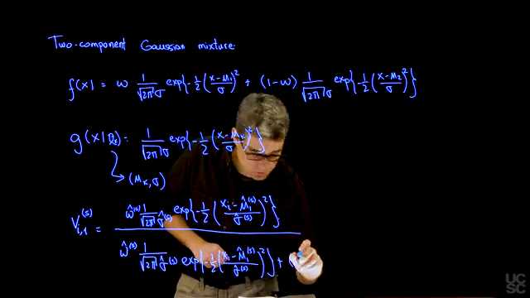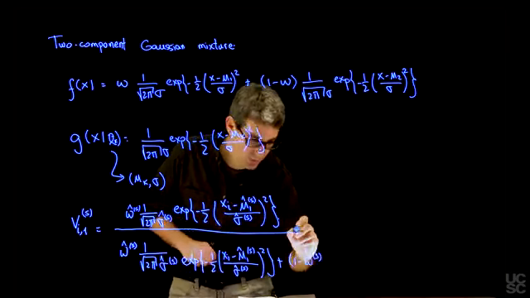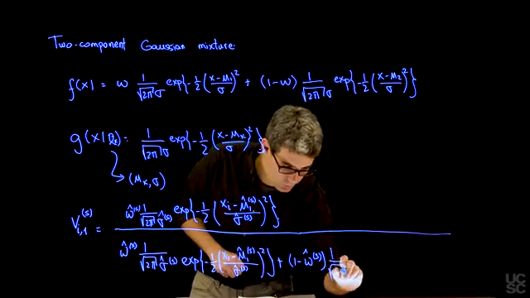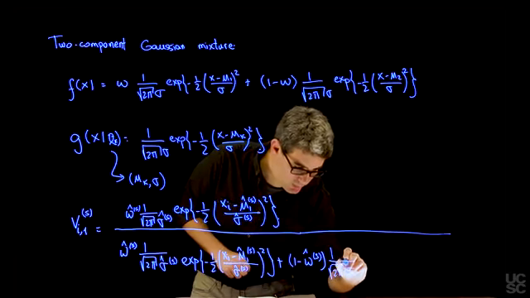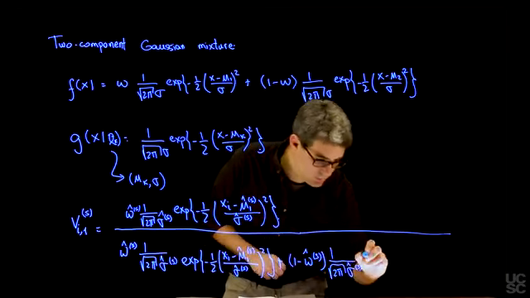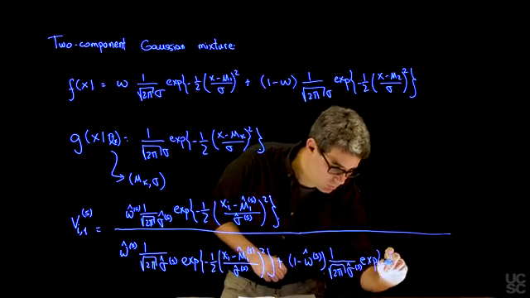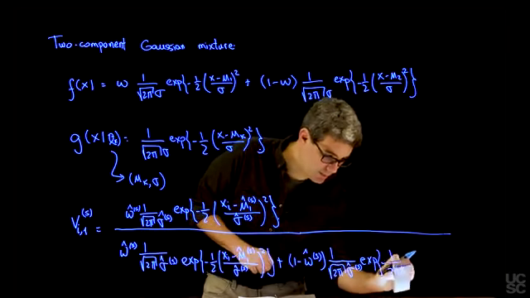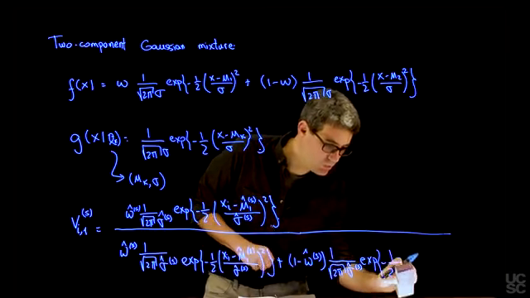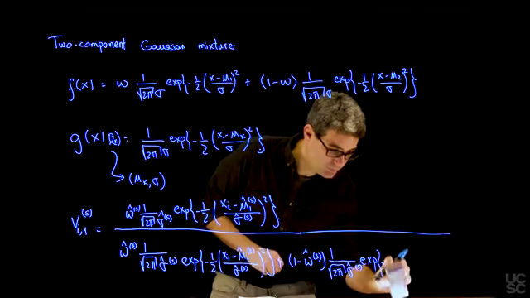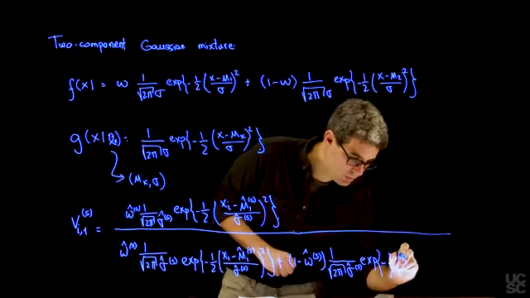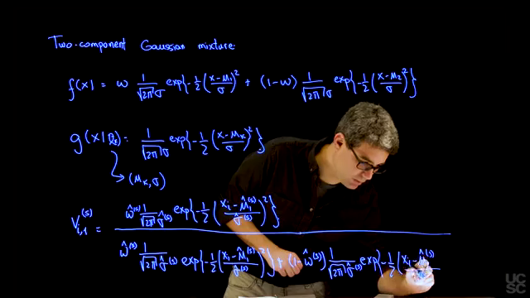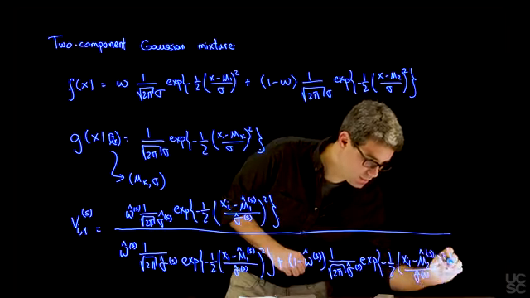So this is 1 minus omega hat s, 1 over the square root 2 pi sigma hat s exp of minus 1/2 x i minus mu2 hat s divided by sigma hat s square.